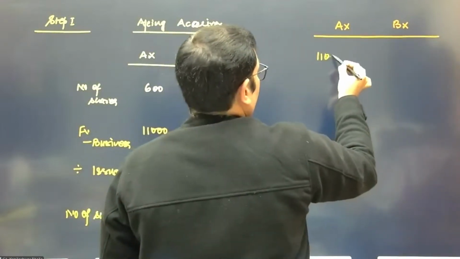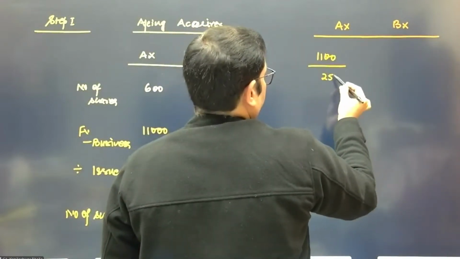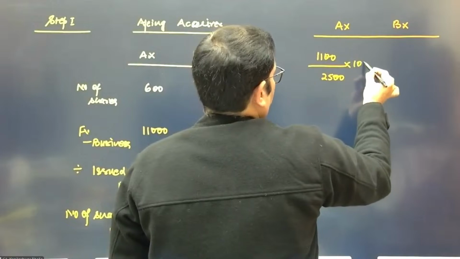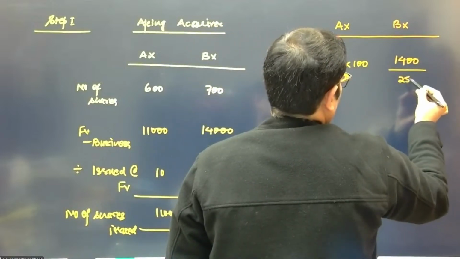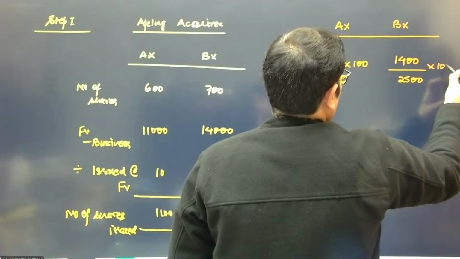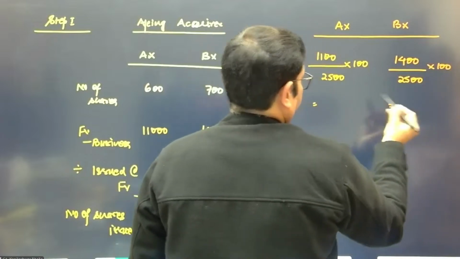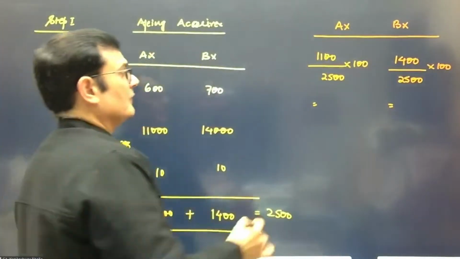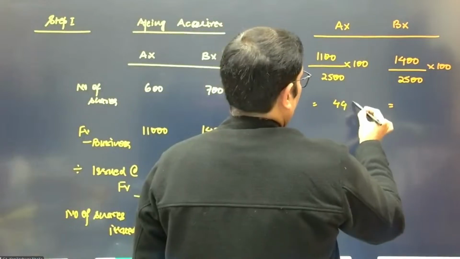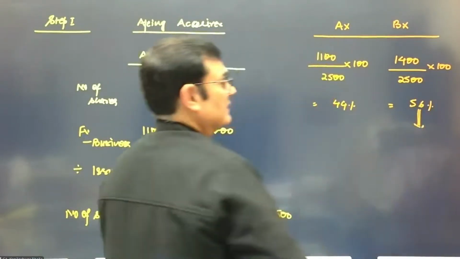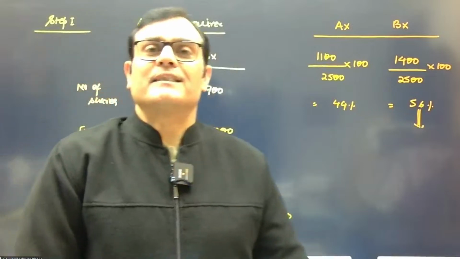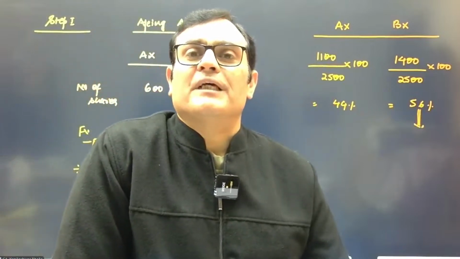AX is getting 1100 shares out of 2500, and the shareholders of BX are getting 1400 shares out of 2500. So let's see the percentage: 44% and 56%.